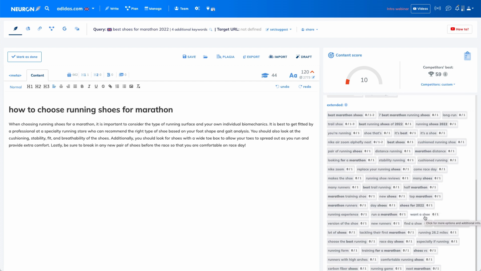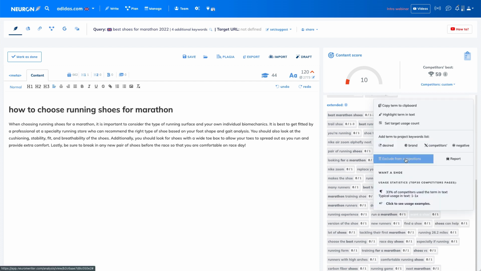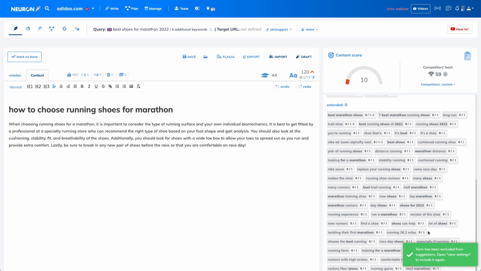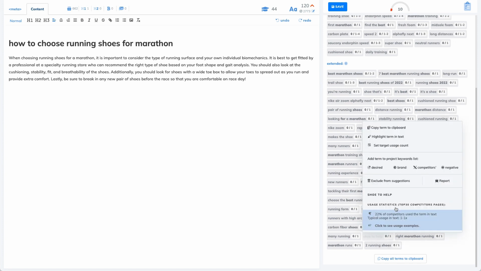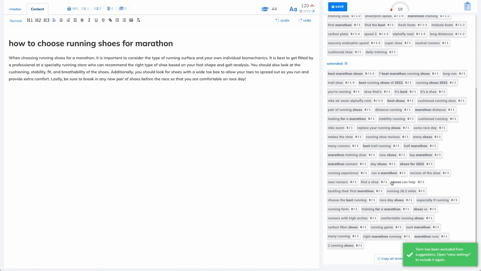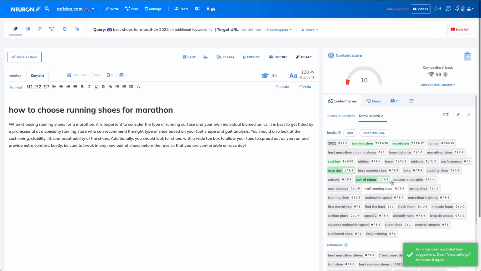Like, this is a keyword that I don't like, so I can just say, okay, exclude from suggestions, and there will be no more points calculated according to this usage. It will be quite easy for you to first go and just delete everything that is not really usable in your case. You can say, okay, I don't really need it.